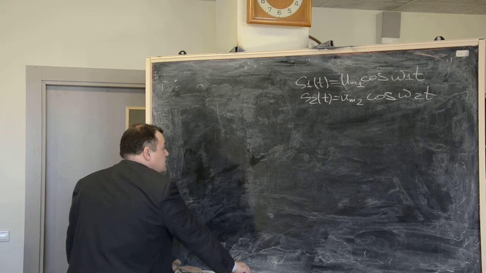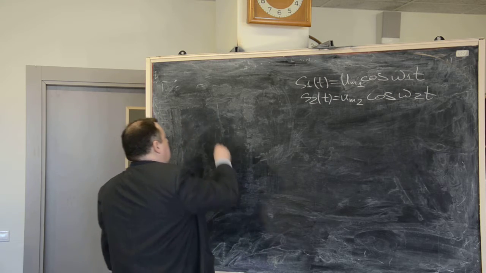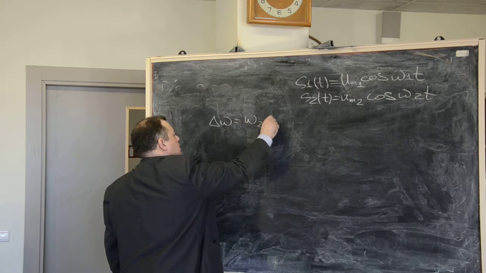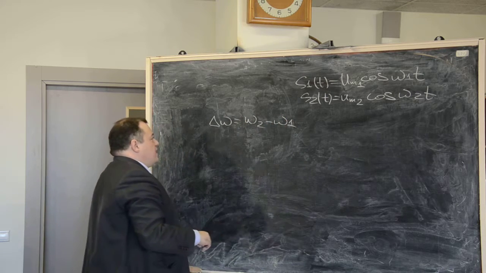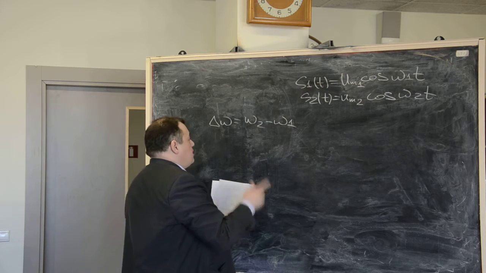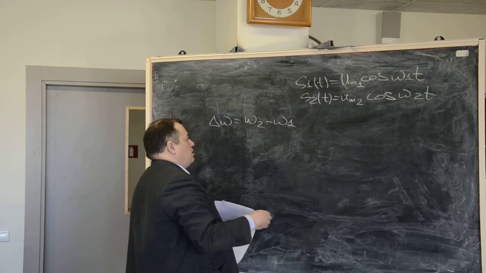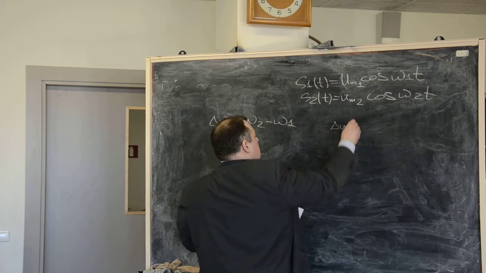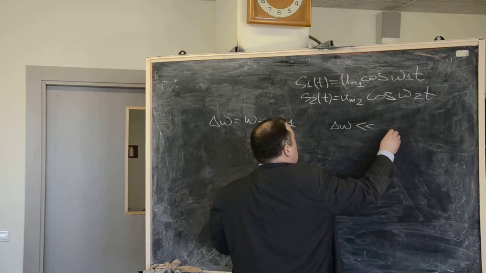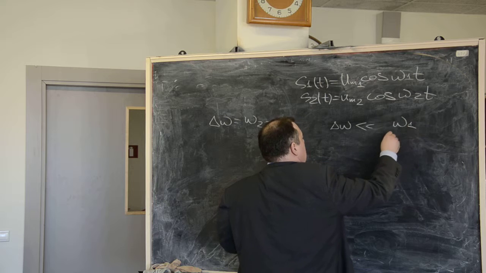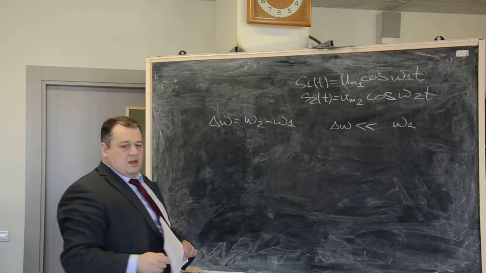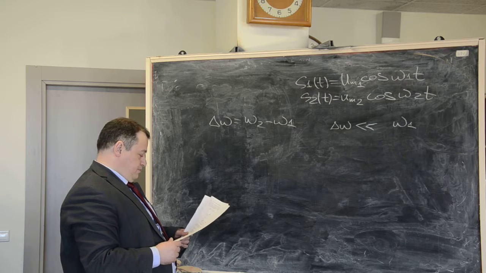Let's try to understand. At first, let the difference be delta omega. Let's say frequencies are relatively close.